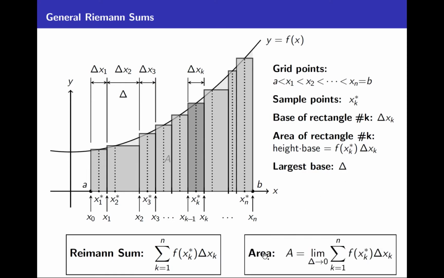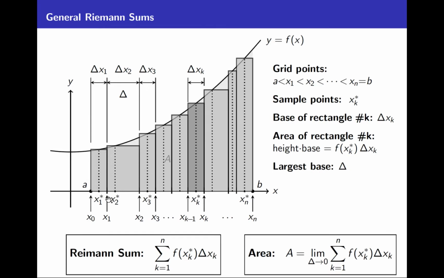So the area, as we had before, would be the limit as the number of rectangles goes to infinity of that Riemann sum. But here you have to be careful because we said earlier that you don't just want to say the number of rectangles goes to infinity, because that leaves open the possibility that some of them remain thick, like this one, and you squeeze in more and more skinny rectangles elsewhere.